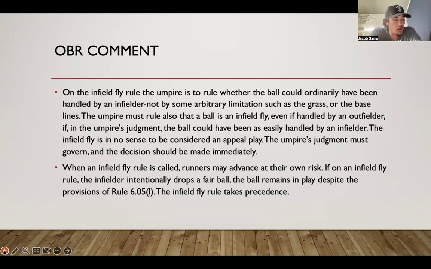Connor and Jason, step in here if you have something else, but typically when I'm in a pregame and we're talking about infield fly, the number one thing that I'm going to factor in is the level of play, because that obviously factors into ordinary effort. But then also weather conditions. When we're working spring ball, I lost count of how many games I had where we had wind advisories in place.